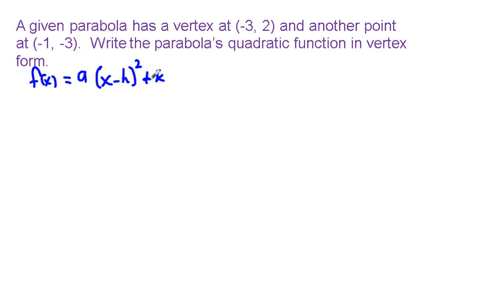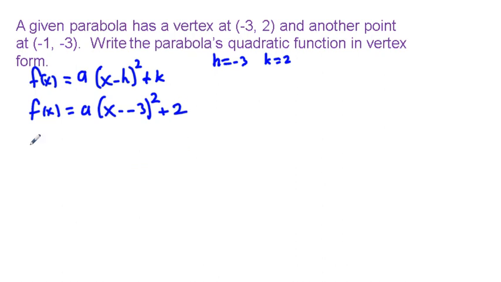And our vertex is going to be h equals negative 3, and k is equal to 2. So we're going to have f of x equals a, which we do not yet know.